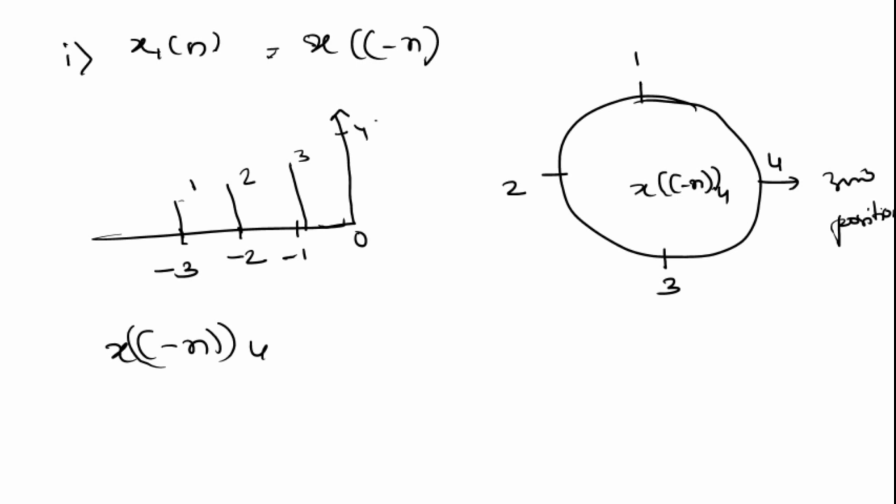So while writing this, we have to write it in anti-clockwise direction. While writing the answers, we can write x of minus n of 4 as 1, 2, 3, 4. This is the 0 position answer.